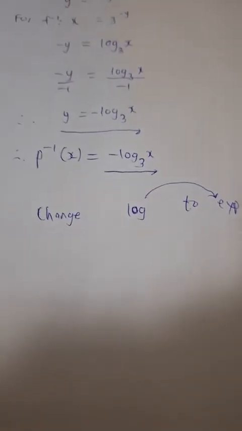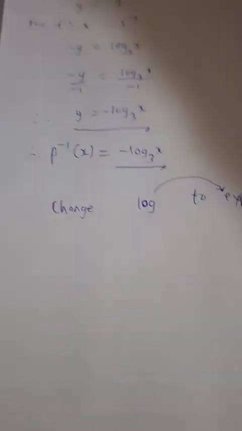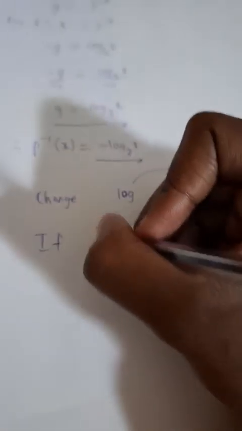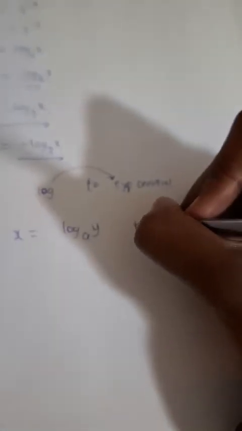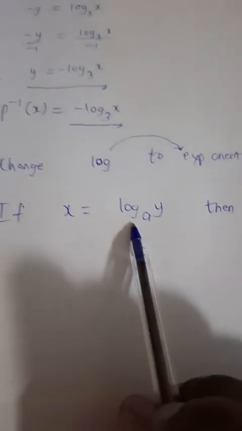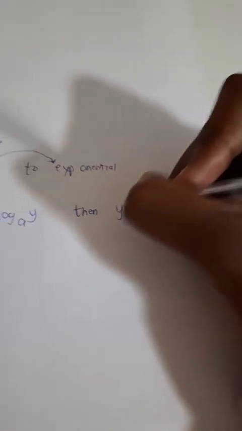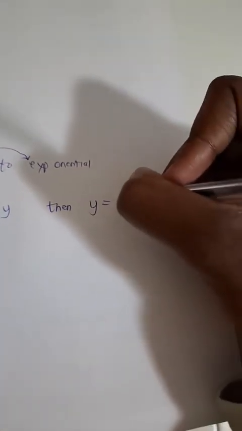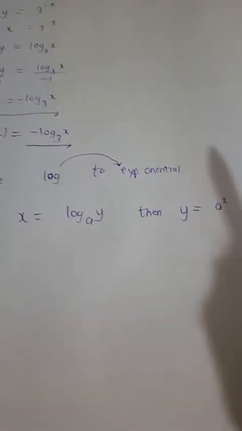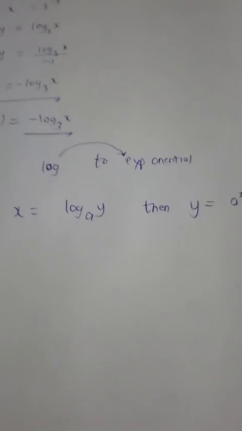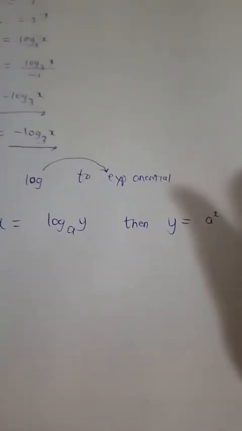And for that purpose, I just want us to look at a quick thing here. And that is, if x is equal to log y base a, then y is equal to a to the power x. So I'm sure, guys, by now you can see there's nothing much in this thing, in all honesty.